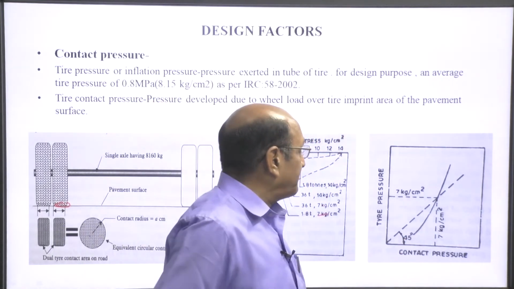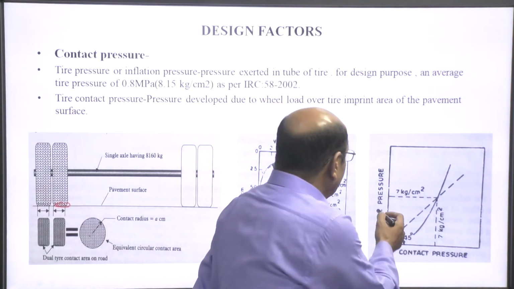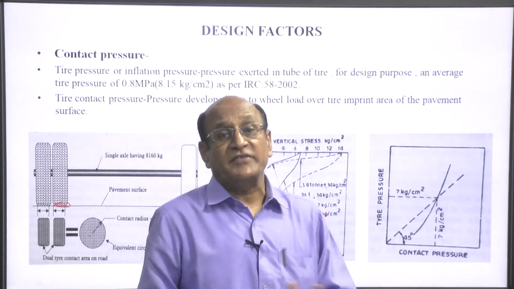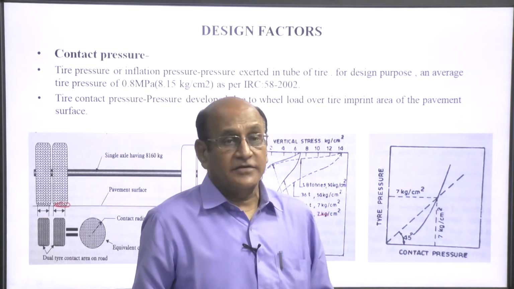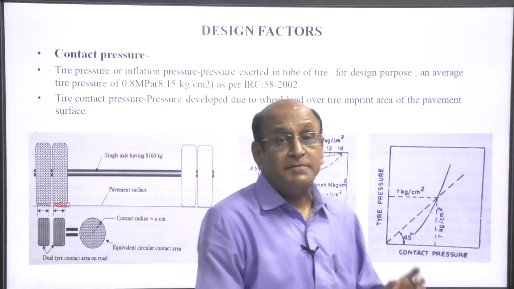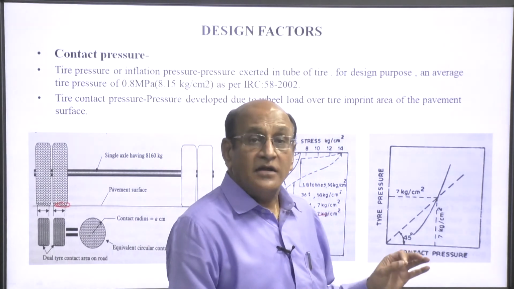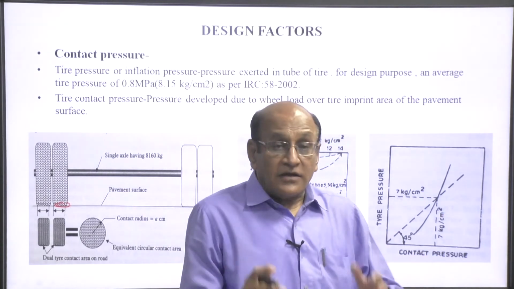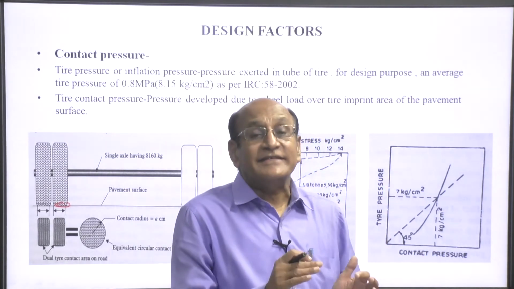Now, come to the contact pressure. This is the tire pressure. The tire pressure and contact pressure are different. Tire pressure is the pressure exerted by the air in the tire, whereas in the contact pressure, the area will be slightly lesser.